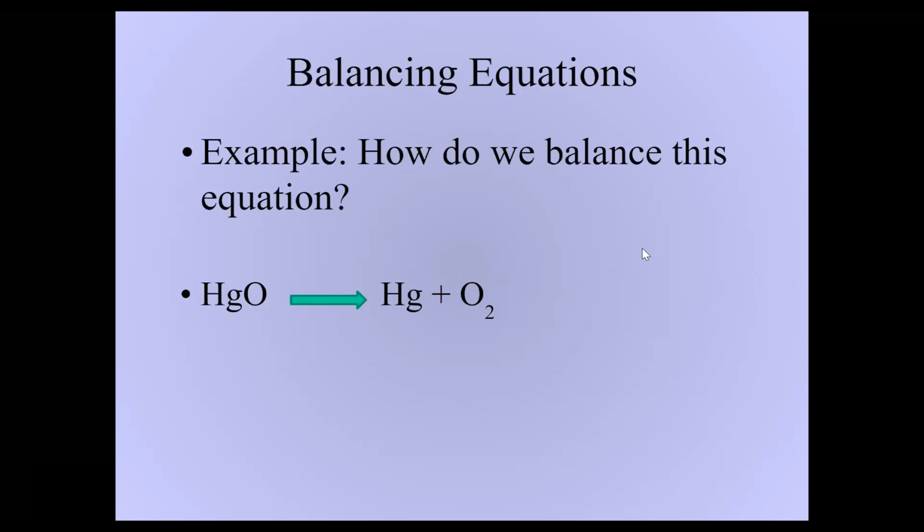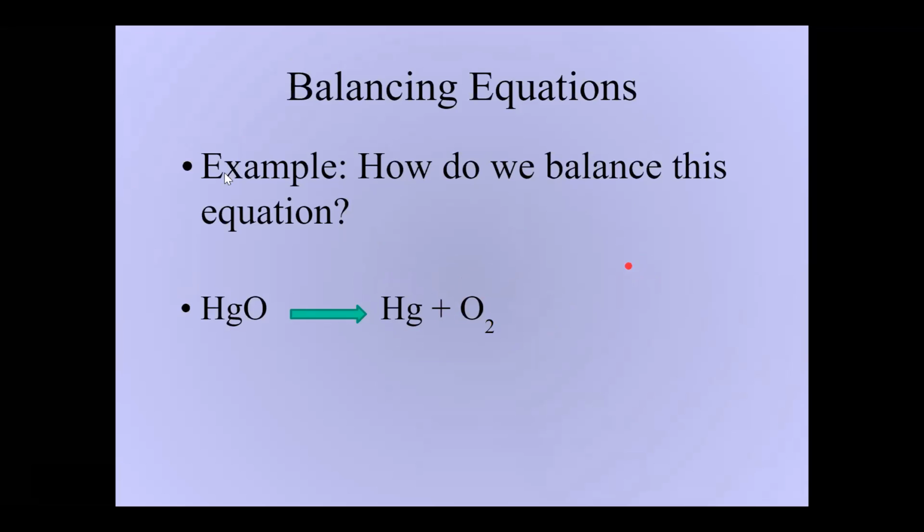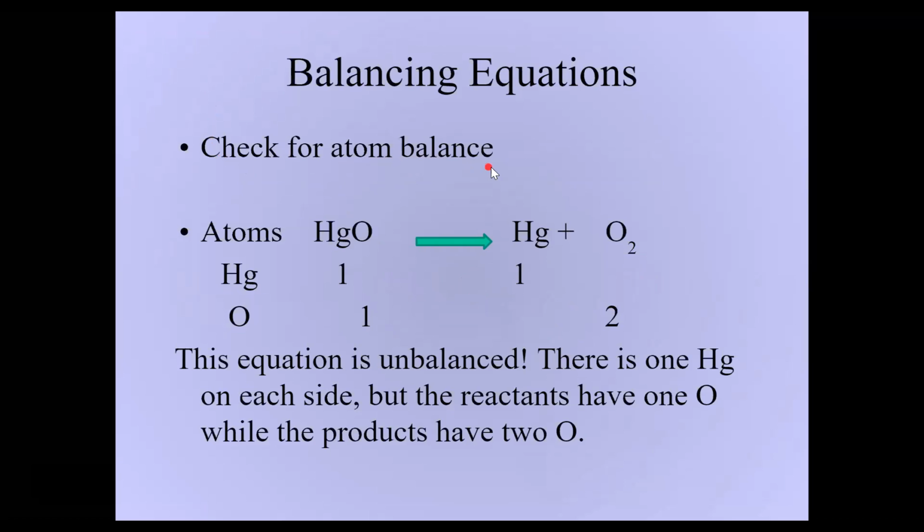All right, so first things first, we're going to check and see, do we have balanced atoms already? We'll start on the reactant side right here. We have one mercury, one Hg, and one Hg in the products as well. So in the reactants, we've got one Hg.